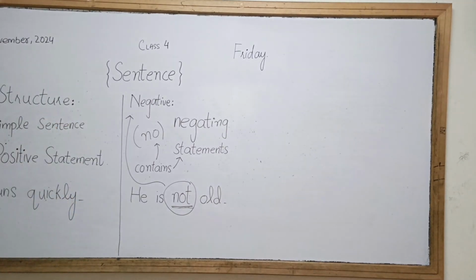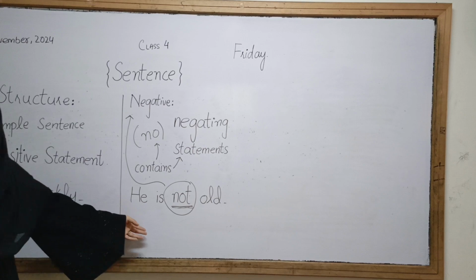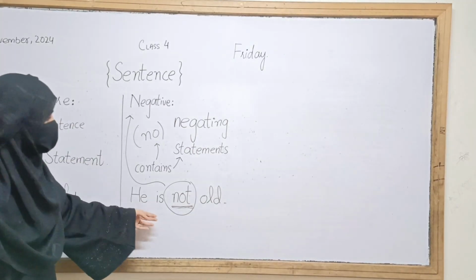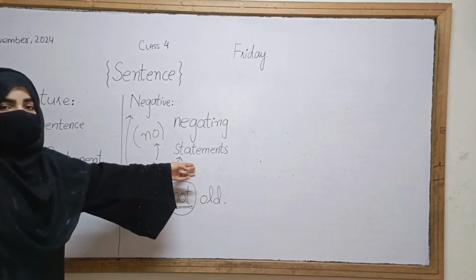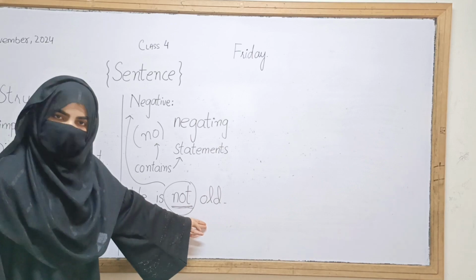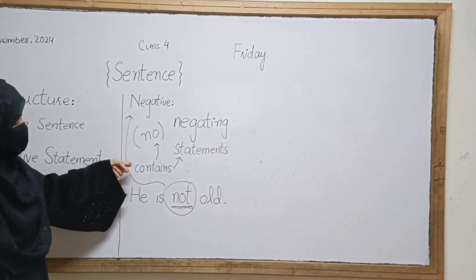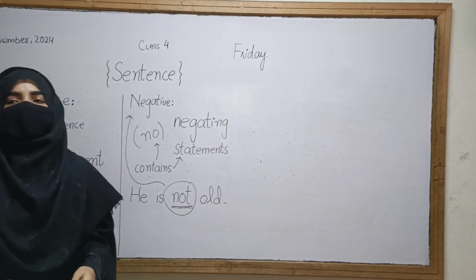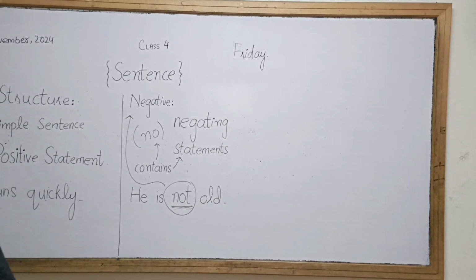It was all positive and now we are having a no here. That means it is negating. It is a negative statement. It is negating a fact, or it contains no, and it belongs to the characteristics of negative simple sentences.